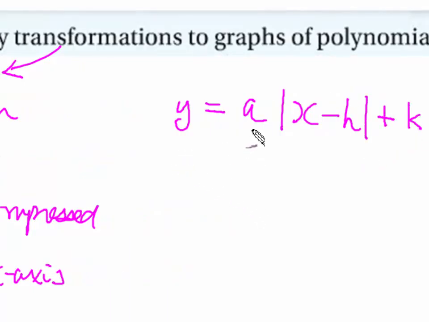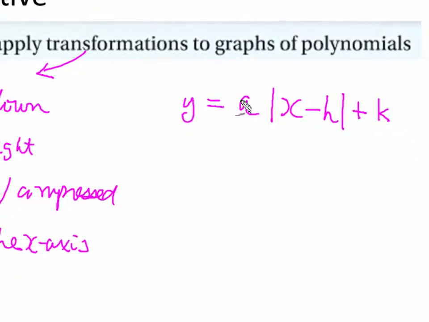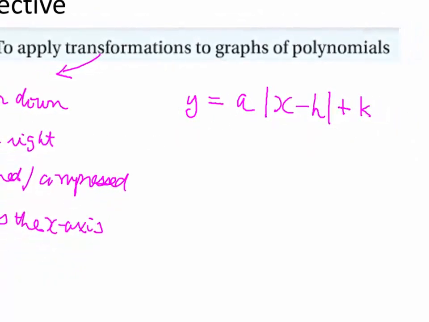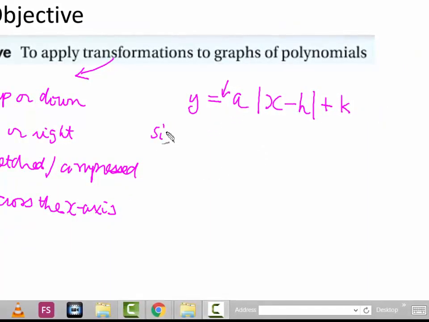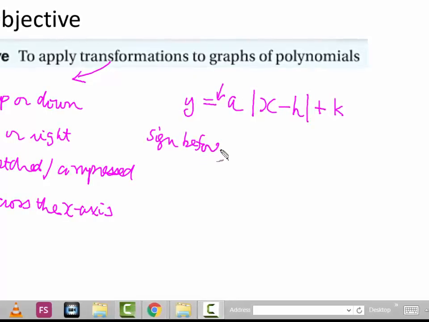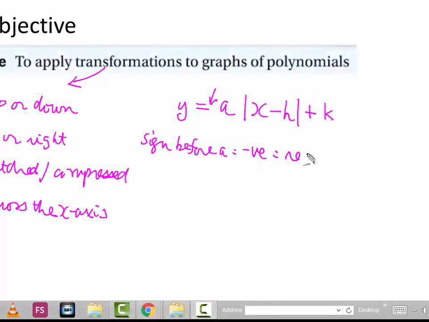And all these variables a, h, and k, as well as the sign before the value of a, determine all this transformation. So the sign before a, if it's negative, we have reflection across the x-axis.